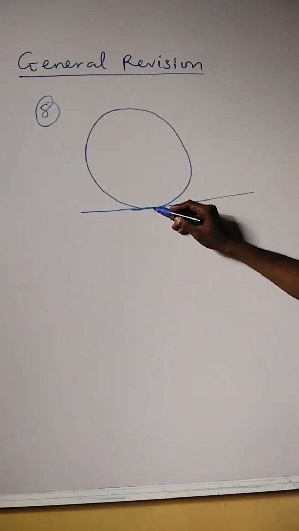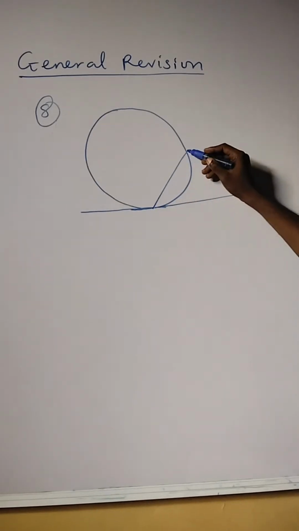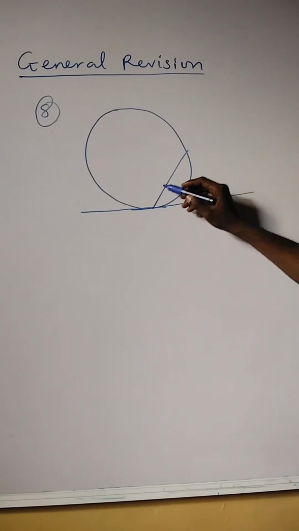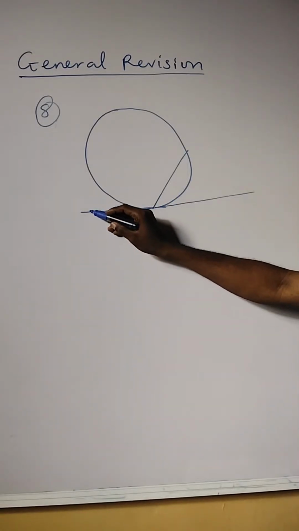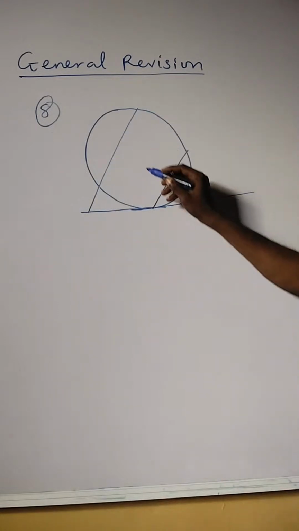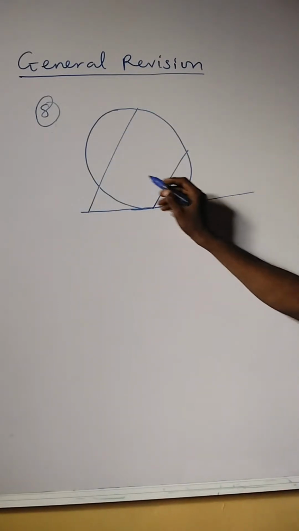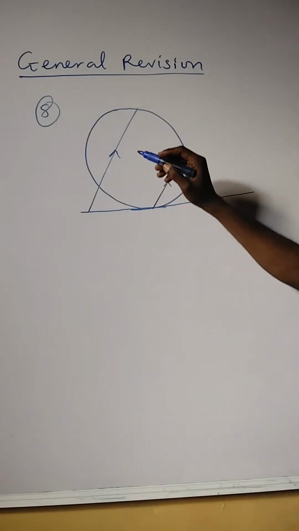So we have a chord drawn from here. Then another line, not a chord now, parallel to this one. So they have something like this, indicating a parallel line.